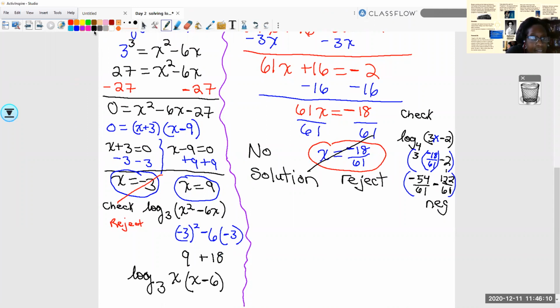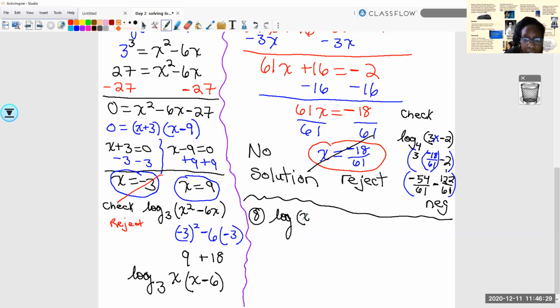Okay. Let's look at the last one, which is 8. And 8 looks like this. Okay. Now this is the common log.